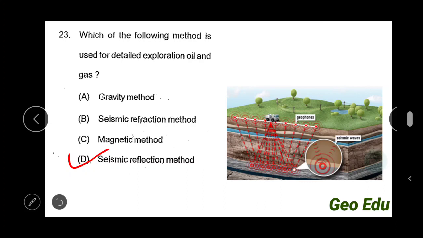The electromagnetic method is used for sulfide and graphite deposits. The radiometric method is used for thorium, uranium, and radium, and borehole geophysics is used to measure the continuation of mineralization.